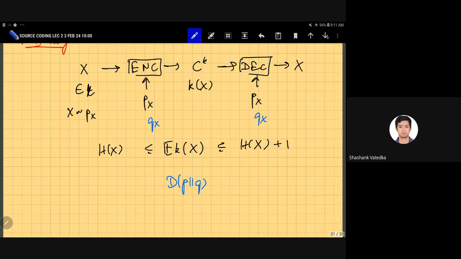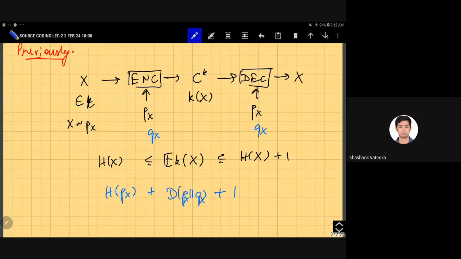So the best possible compression length that you can achieve is H(Px) plus D(P||Q). If I use the Shannon code, then the compression length that I can achieve is greater than or equal to H(Px) plus D(P||Q), and is less than or equal to H(X) plus D(P||Q) plus 1 bits. Okay, and this is for a single symbol.